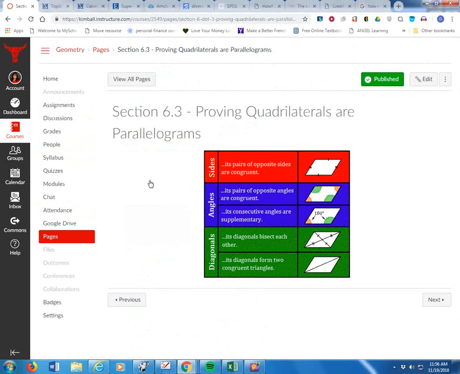We could actually just do it from this visual here at the very beginning. If they tell you opposite sides are equal, you can assume it's a parallelogram. If they tell you opposite angles are equal, you can assume it's a parallelogram. If they tell you the diagonals bisect each other, you can assume it's a parallelogram. And there's one more, if I remember right.